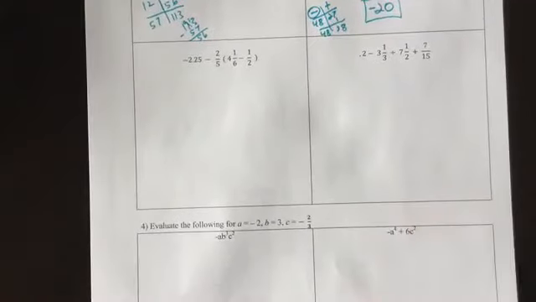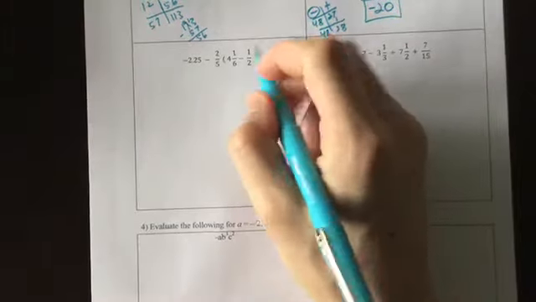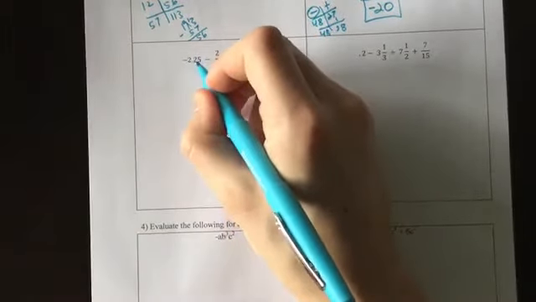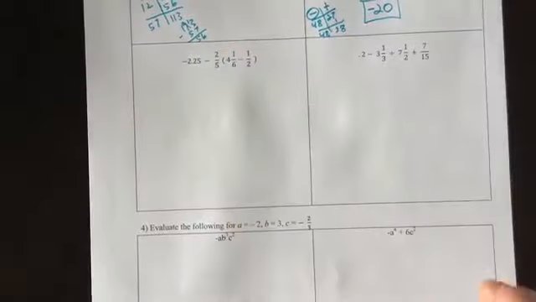Down here on the bottom left, we're finally getting into some fractions and decimals here. One thing we want to do is we either want to change everything to decimals or everything to fractions. I'm going to suggest we change everything to fractions. So negative 2.25, I have to realize 2.25 benchmark fraction is 1/4.